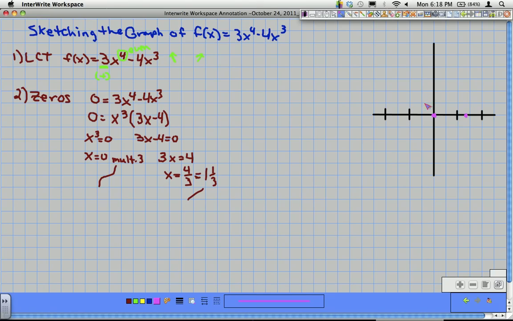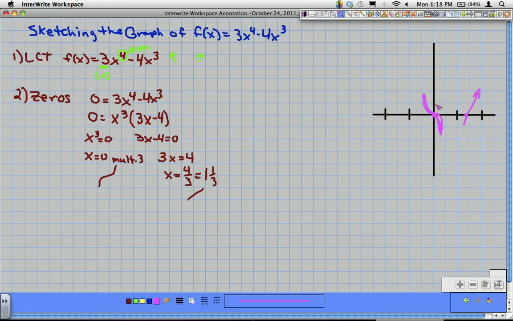So in general, it's going to be coming down, curving, going through, and curving back down. So it's kind of like our upside down third power. Over here at 1 1/3, straight through, and the right end behavior is going up. So I know that this side, it's going to be going this way.